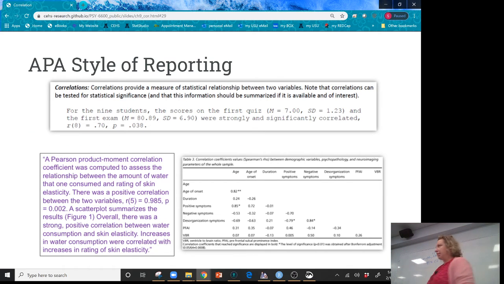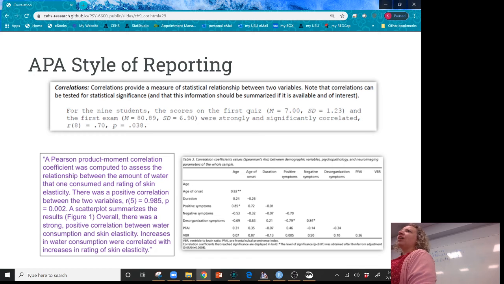So here are some examples. Up here we have a little tidbit out of a fake write-up. It says, for the 9 students, the scores on the first quiz, mean equals 7.00, standard deviation equals 1.23, and the first exam, mean equals, standard deviation equals, were strongly and significantly correlated, R with degrees of freedom and p-value.